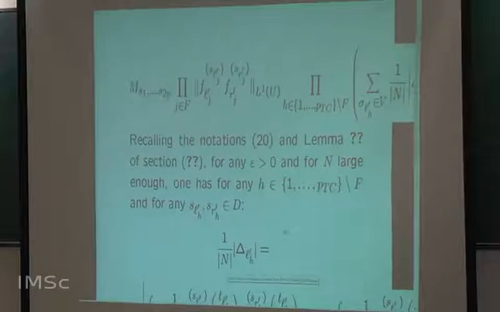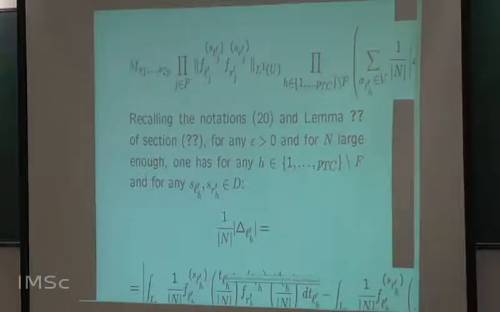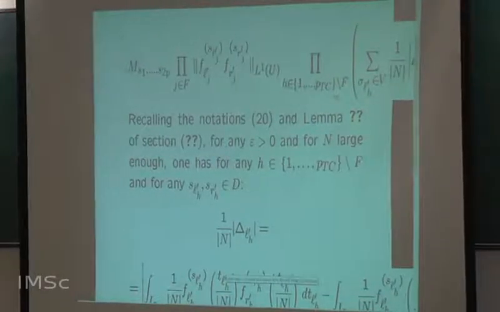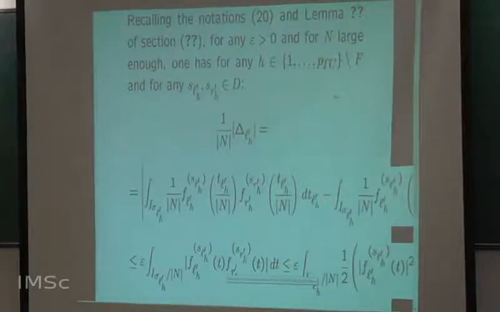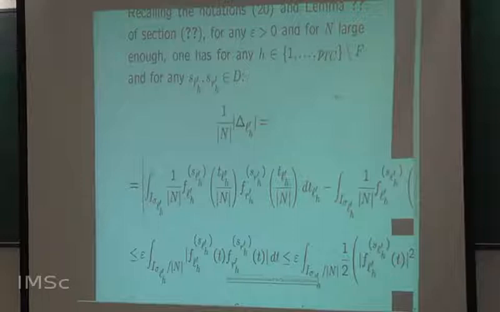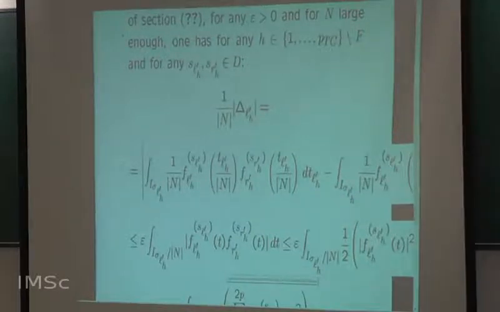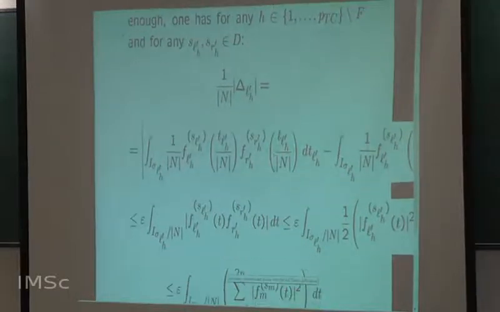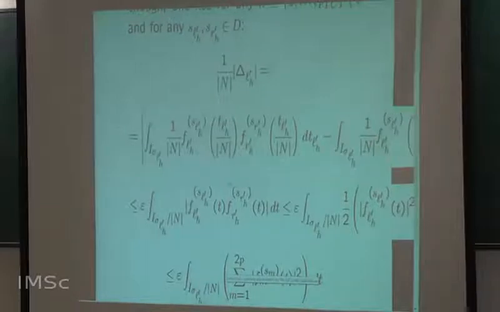So now it remains to control the part which contains some delta, so which contains some double integral. For each part which contains a delta, we use the estimate that we did last time. So we want to estimate how much is 1 over n of the difference of the double integral with respect to the single integral.